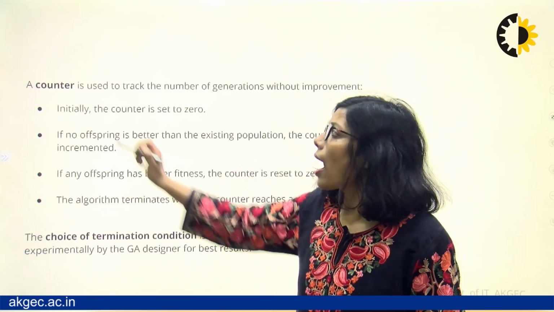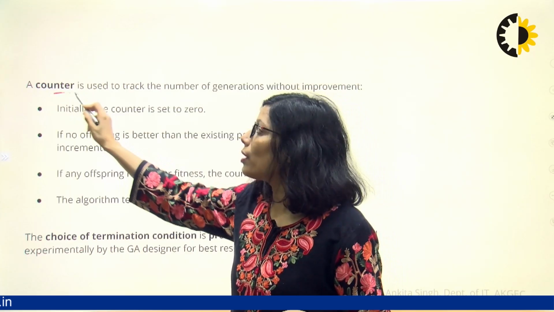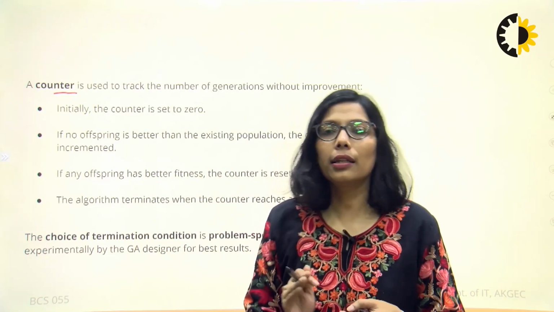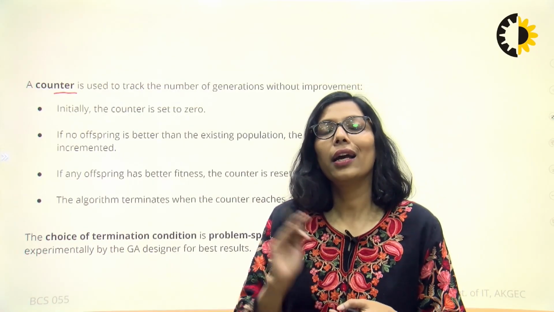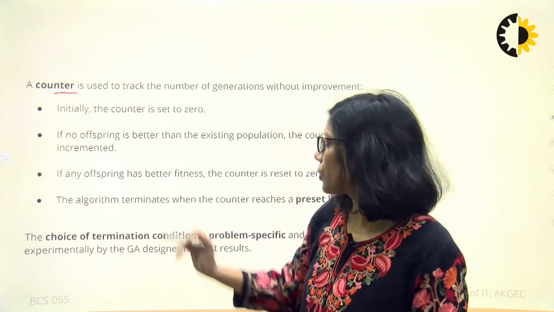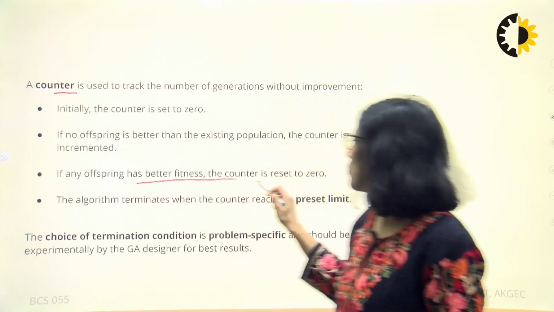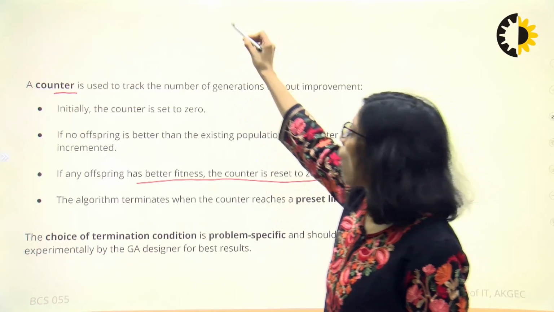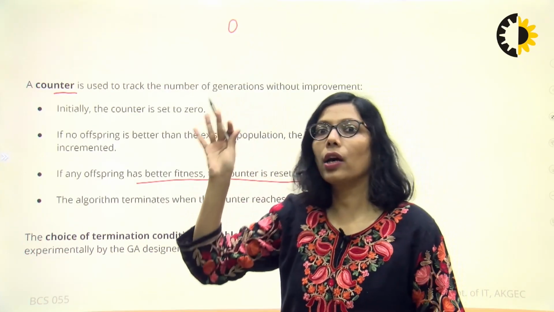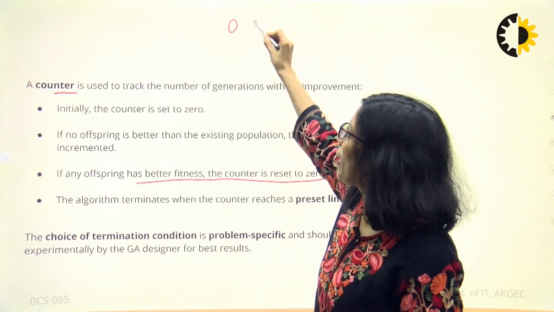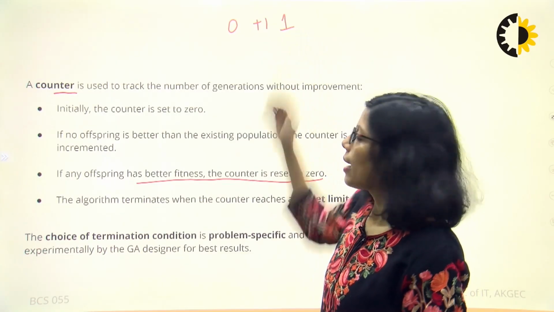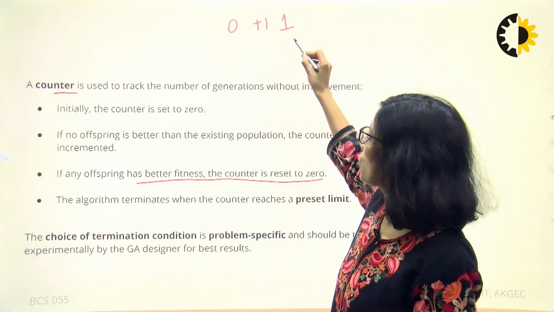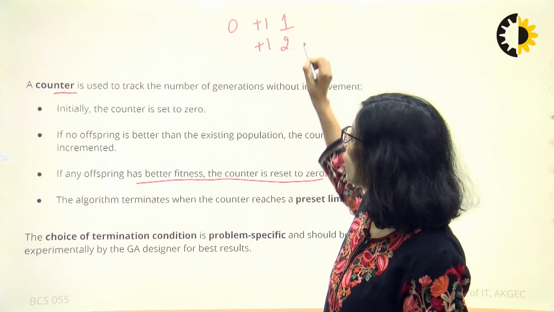Now for that, I will keep a counter. The counter will say if I am getting some improvement generation by generation, then okay, otherwise I will increment it. If any offspring has a better fitness value, the counter is reset to 0. Suppose my counter is 0 and I got no better solution, so I will increment the counter by 1. In the next iteration also, I'm not getting a better solution, so it will increment by 1, that is 2.